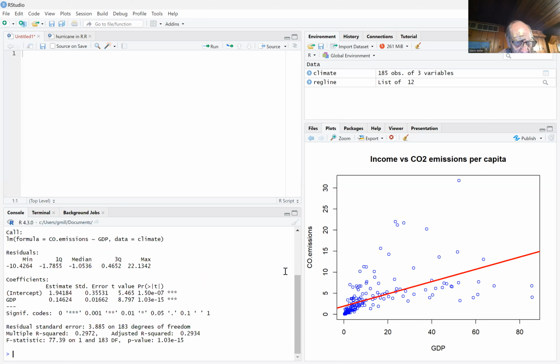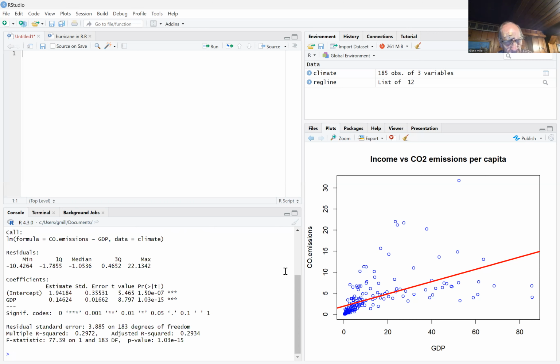And the slope is 0.146. Now, the income there is in thousands of dollars. So that means for each additional $1,000 in income, CO2 emissions are predicted to rise by 0.146 tons per person. More money, more pollution.